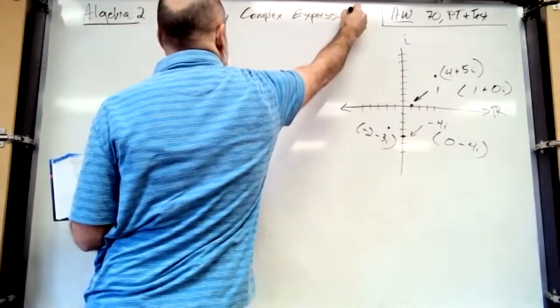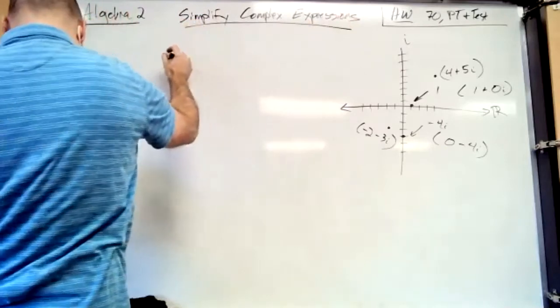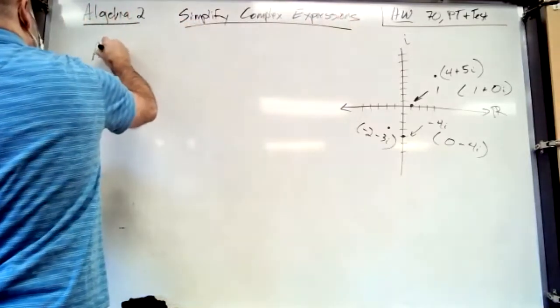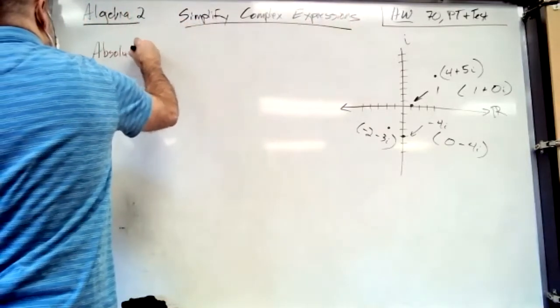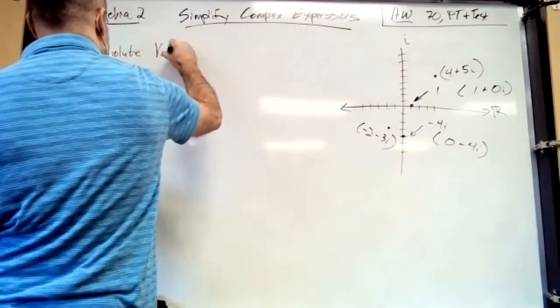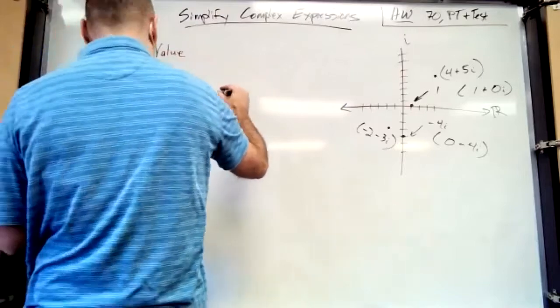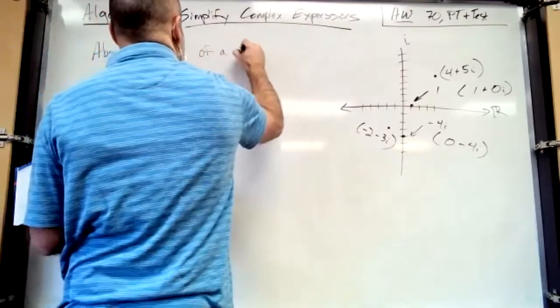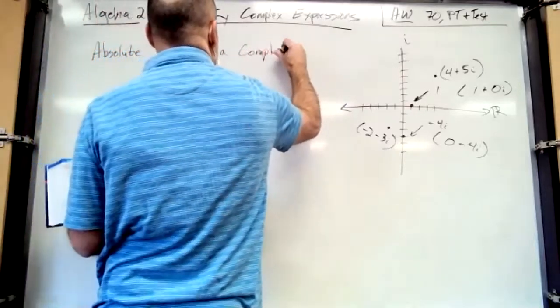All right, so this is all leading up to this. So the absolute value, what's the absolute value of a number? Can anyone remember how to define that? Absolute value. It's distance from 0. Yeah, the distance from 0.